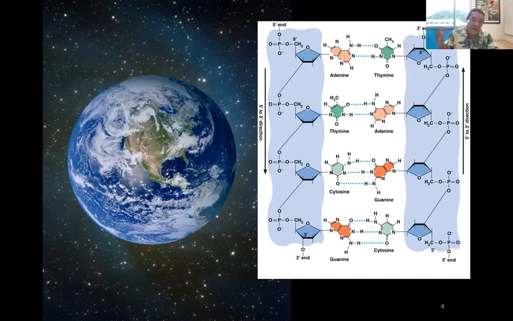Maybe this advanced civilization has been patrolling around the galaxy, cataloging the different genetic codes, the different molecules that make up life on different planets. If you can draw this, then perhaps they would say, "Oh, we recognize this. We know what planet you're from because all life from that planet shares this same address."